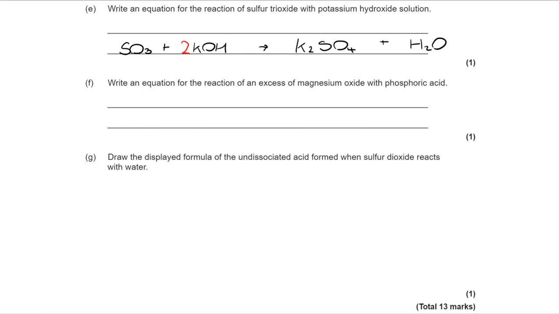For F, we write an equation for the reaction of an excess of magnesium oxide with phosphoric acid. Magnesium oxide is a metal oxide, so it's basic. It's another neutralization reaction. MgO reacts with H3PO4. You've got to know that structure. And we're going to make magnesium phosphate, so you'd need to know that PO4 is -3.